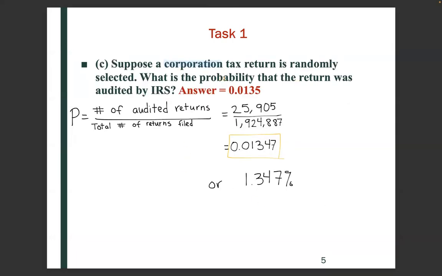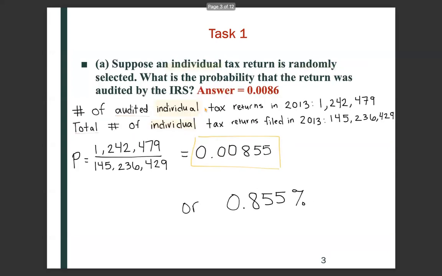Task 1C. Suppose a corporation tax return is randomly selected. What is the probability that the return was audited by the IRS? Okay, so now we're not dealing with individual, we're dealing with corporation tax returns. So we'll need to take the number of audited returns divided by the total number of returns for corporate.